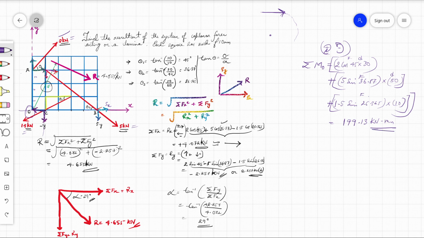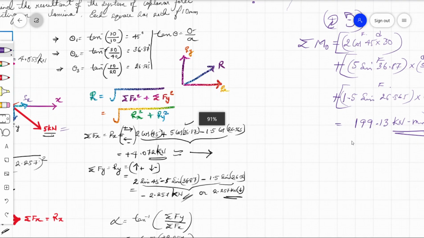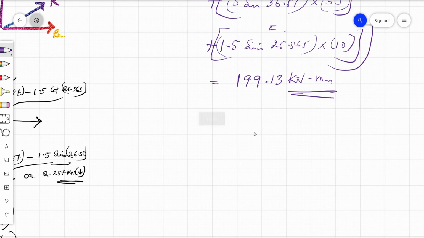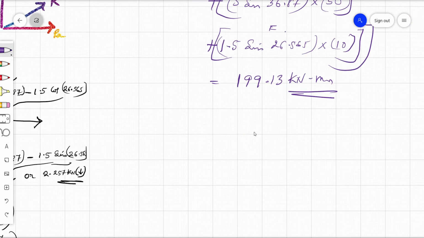And the last thing over here is the last step. The last step of our problem is to find that distance d, right? And we have a formula. I hope you know this formula. Summation of M naught divided by R, because summation of M naught is equal to R into d, right? This was a thing which we derived from Varignon's theorem.